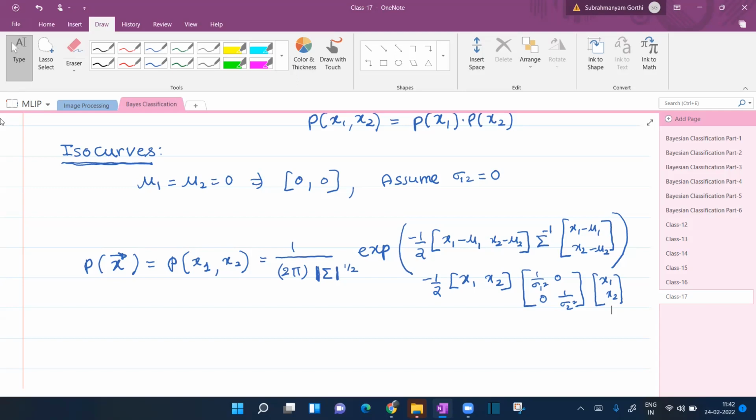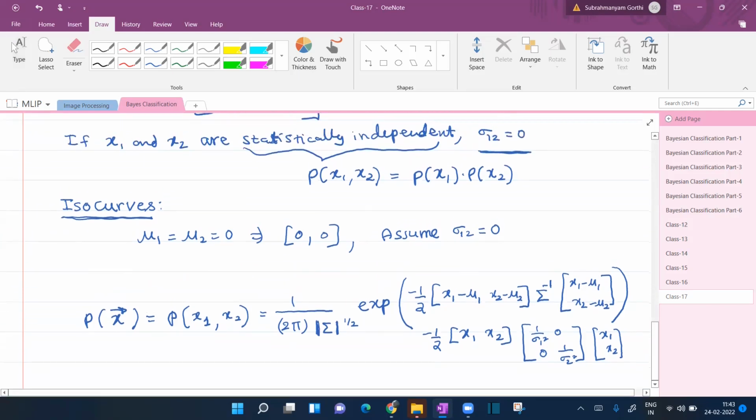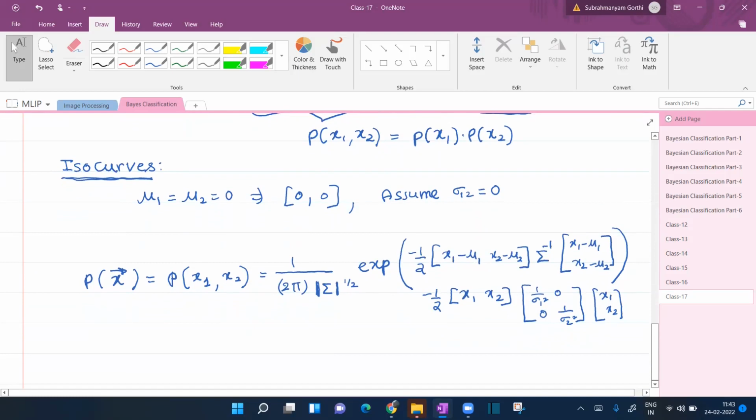If it is at 0, 0, I have a 2D distribution whose mean along the x-axis is 0 and along the y-axis is also 0, so it is symmetric about 0, 0. Then I am also assuming statistical independence, and I am trying to see the shape of this isocurve. Further, I assumed that sigma 12 is also 0. Is that clear? Yes, sir, it is clear so far.